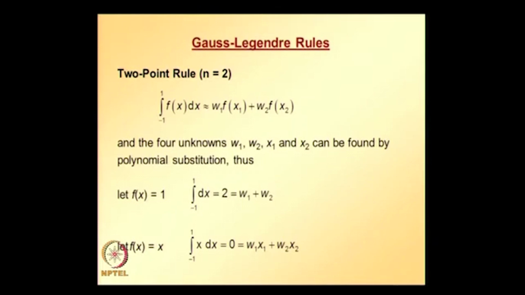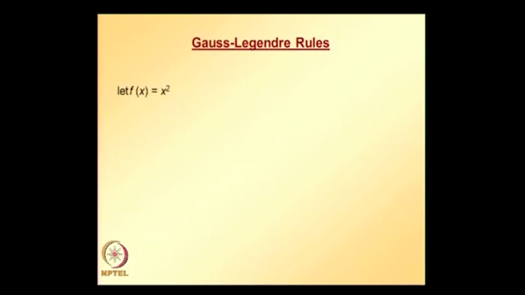So we get this equation: 0 is equal to W1 x1 plus W2 x2. And let f(x) is equal to x square. Again x square is an even function, and integrating this over a symmetrical domain results in a non-zero value which is going to be 2 over 3, and the function evaluated at x1 is going to be x1 square, at x2 is going to be x2 square.